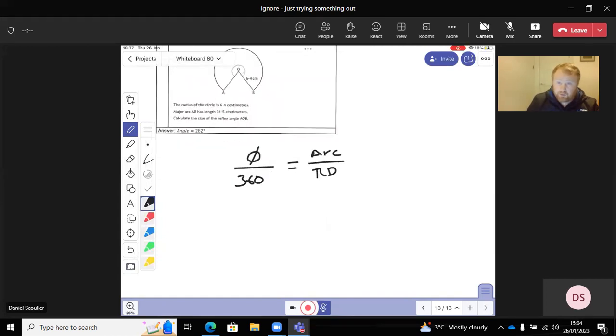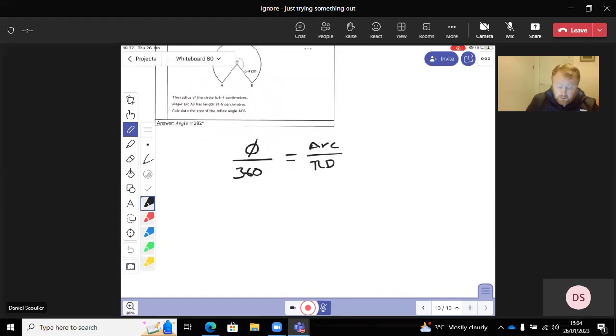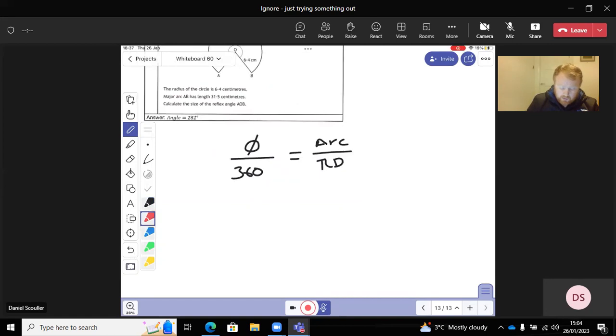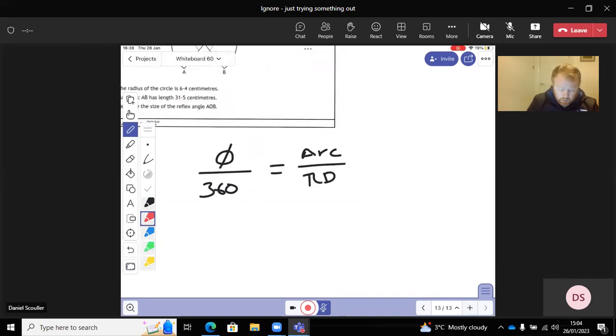I won't write it out fully this time. What are we actually trying to find this time? We're trying to find the angle. So it's actually an easier rearrangement. So, put in our knowns. We get given the arc 31.5, pi is just pi, the diameter is 6.4 times 2, which is 12.8.